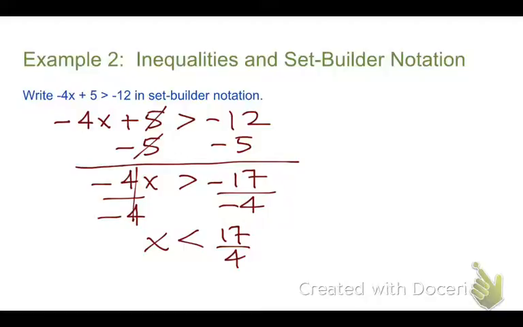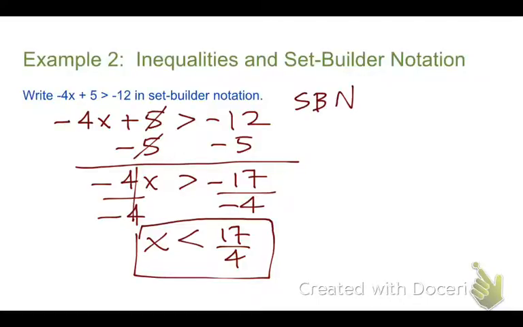We always have to use set builder notation. So here would be the solution when we're writing an inequality in set notation. Set builder notation will be the set of all x such that x is less than 17 fourths.